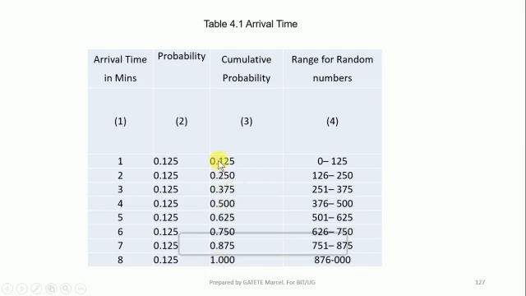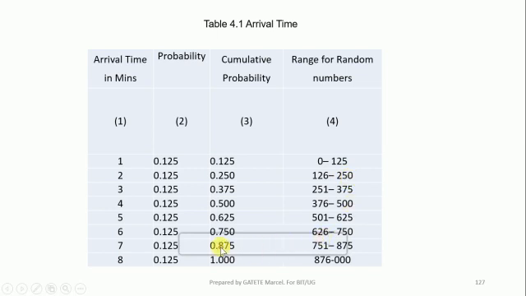So what will be the range? It will be 0 to 125 for the first customer. For the second one, I will start from 126, because 126 is the next value, till 250.